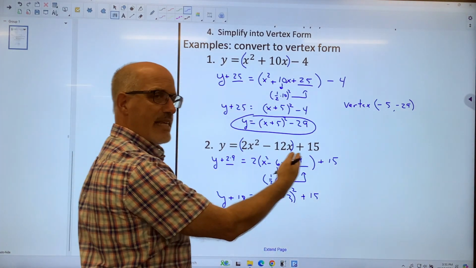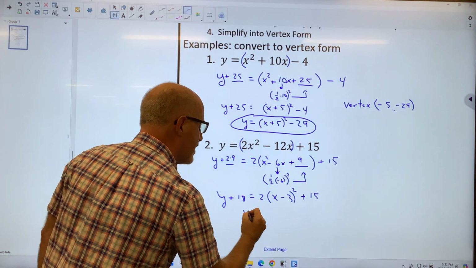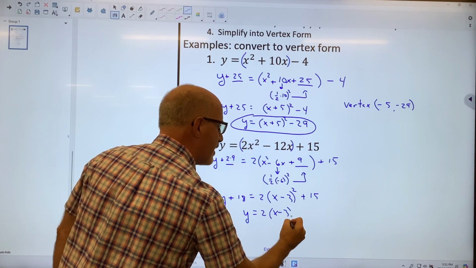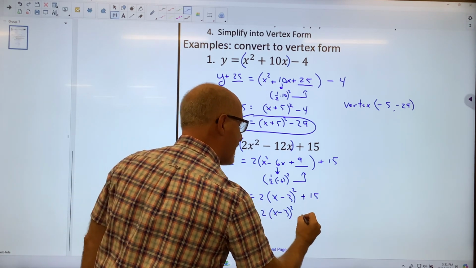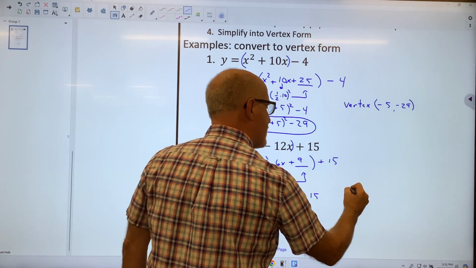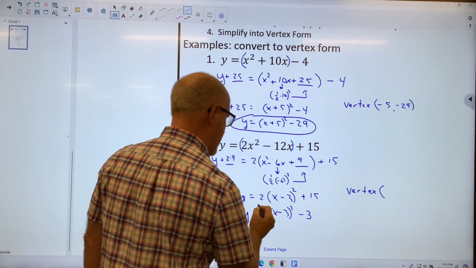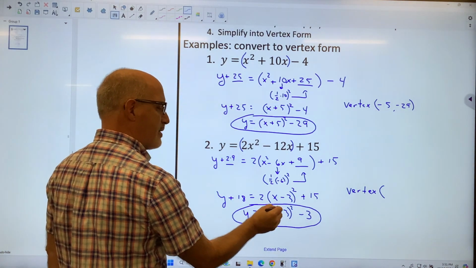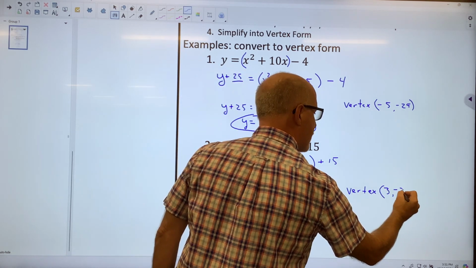Is I subtract the 18 from both sides to get rid of this number over with the y. So my vertex form would be 2 times x minus 3, the quantity squared, and then 15 minus the 18 is negative 3. So here, this is my actual answer because I'm converting it to vertex form. My vertex is the opposite of this one, so it's 3, and the same as out here, negative 3, my vertex.